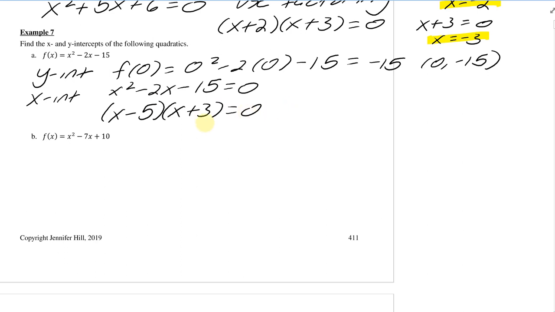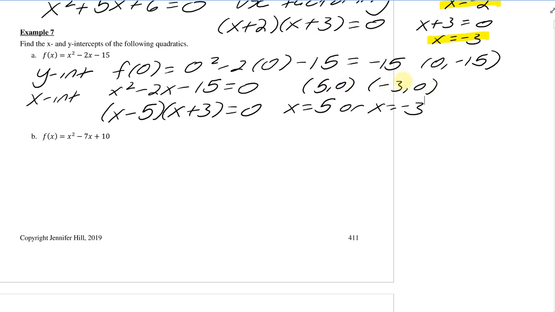So the two solutions to this equation would be x equals 5 or x equals -3. But remember, since we're being asked to find intercepts, this is not the solution. Now we have to turn this into a point. So this would be 5, 0, and -3, 0. Those would be your actual solutions in this context.